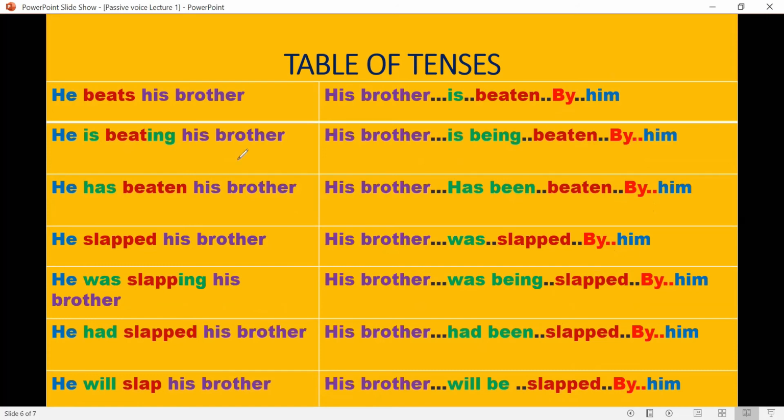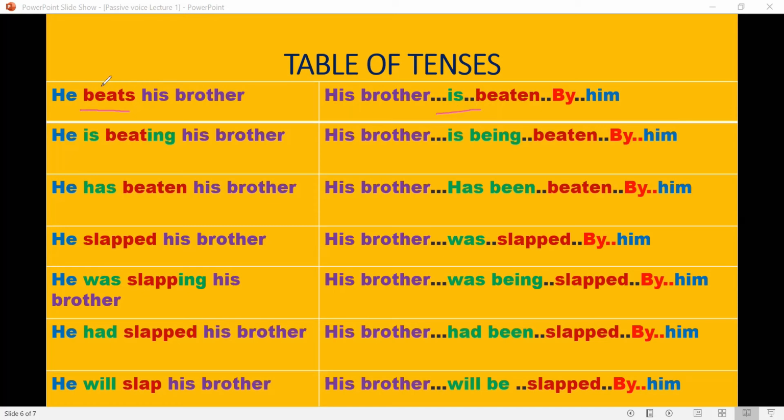Now, this is present indefinite. How will we come to know whether this passive voice is of present indefinite or past indefinite, present continuous or past continuous? We will come to know about the tense of passive voice from the helping verb.